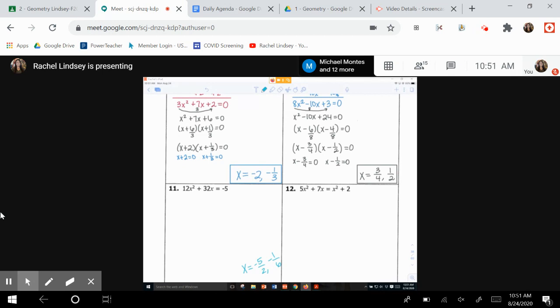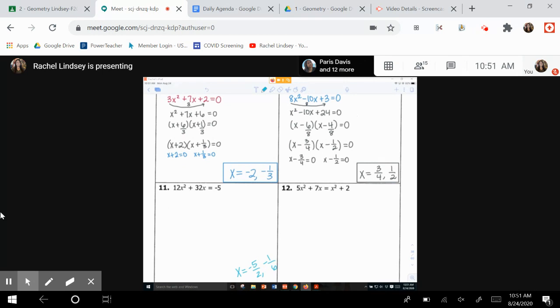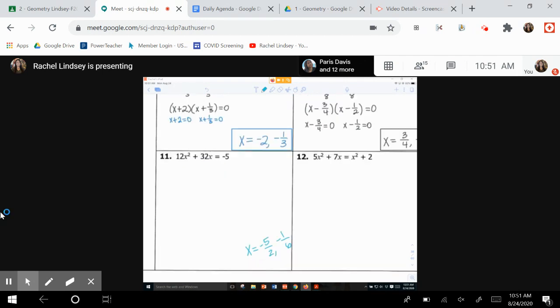So number 12, what do I need to do first? Move everything on the right-hand side to the left-hand side. So I'm going to subtract x squared and subtract 2.